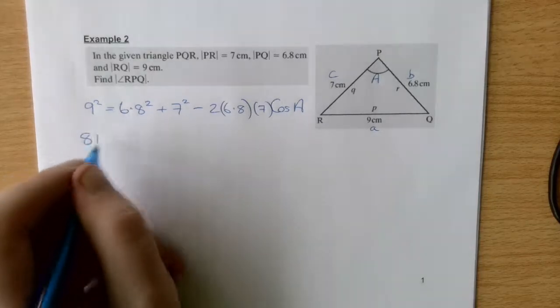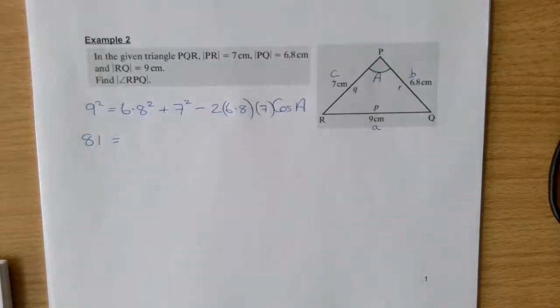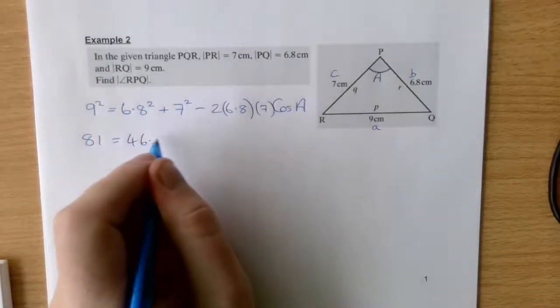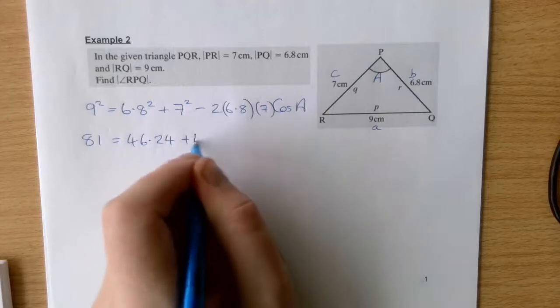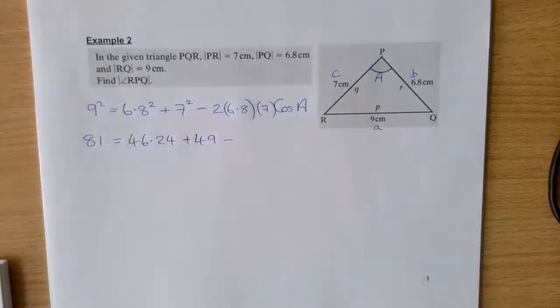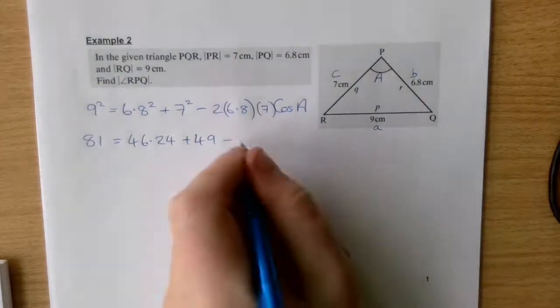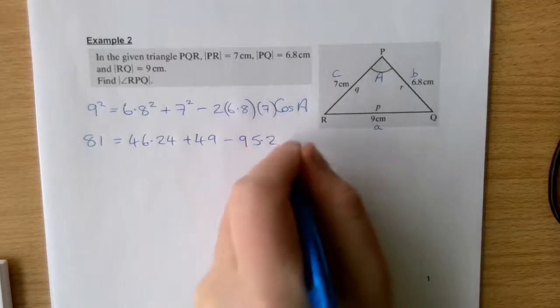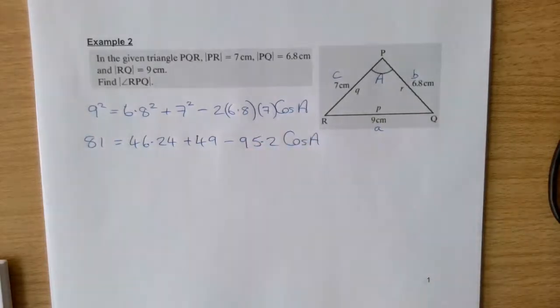So it's 81 is equal to 46.24, then we have 49, and then minus 2 by 6.8 by 7, which is 95.2, and then that's cos of A.